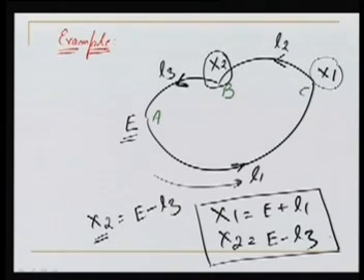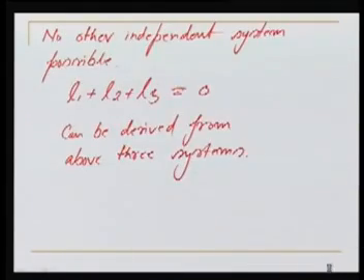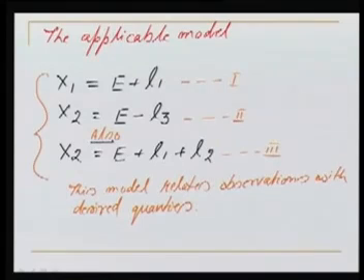But at the same time, what we observed, we can also find X2 by E plus L1, that is RL of X1, plus L2. Now what is this?